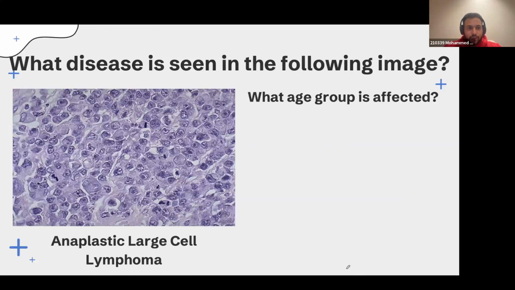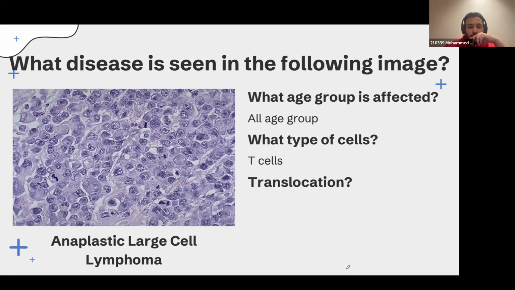What age group is affected? Good. What type of cells? Good. Translocation. 2;5. I don't have any explanation for this translocation. Just memorize this, not gonna lie.